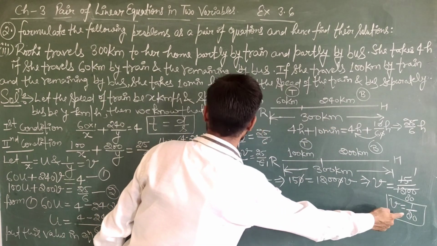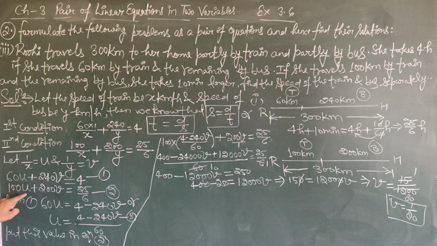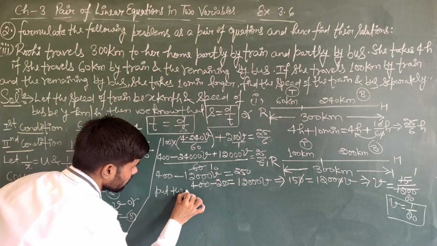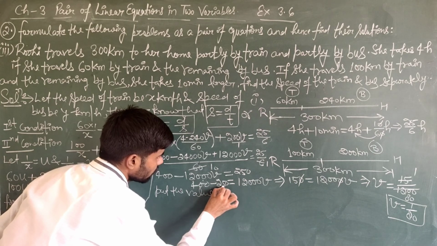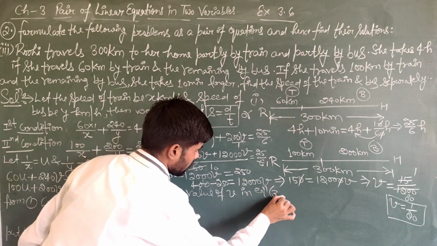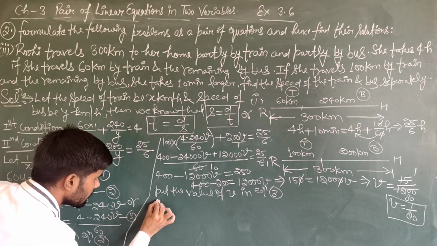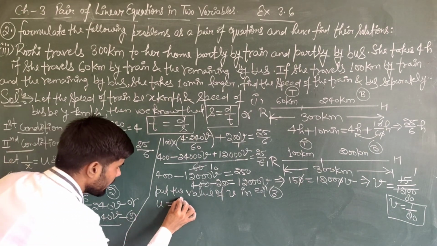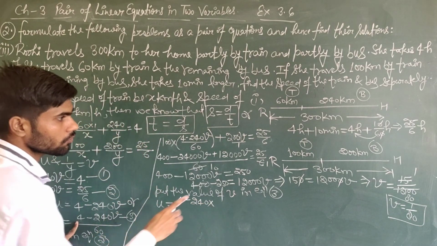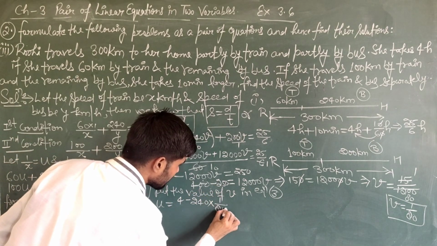Now we can put this value in any equation, first or second. Put the value of v in equation number 3. What is equation number 3? u is equal to (4 minus 240v) upon 60. What is the value of v? 1 upon 80.